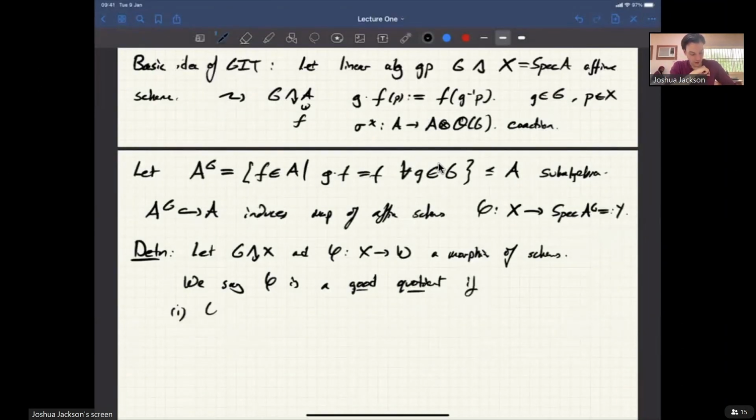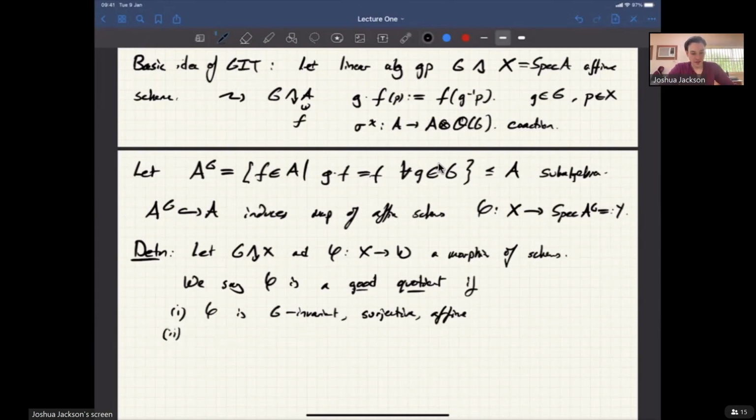First of all, phi needs to be G-invariant. If it's going to be a quotient, it should be invariant under the group action. It's surjective. I hope you agree that quotients should be surjective. And we also want it to be an affine morphism. If you don't know what that means, then don't worry. It's just a technical thing that's not really going to play too much of a role in what I have to say.